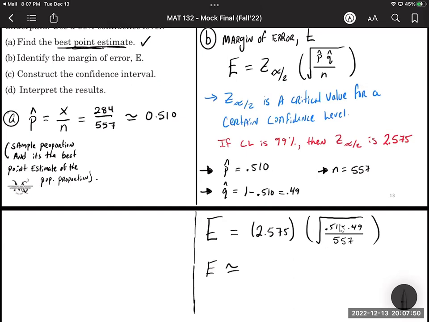Whatever answer you get, multiply it by 2.575 and round to 3 decimals. What do we get?